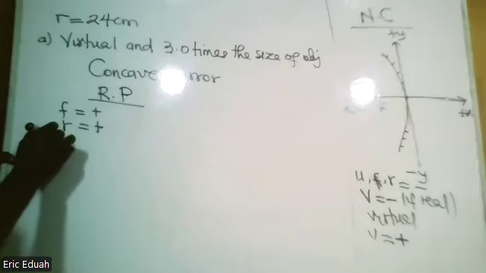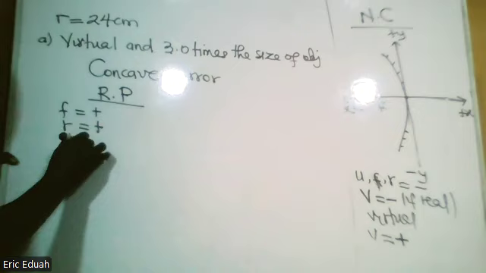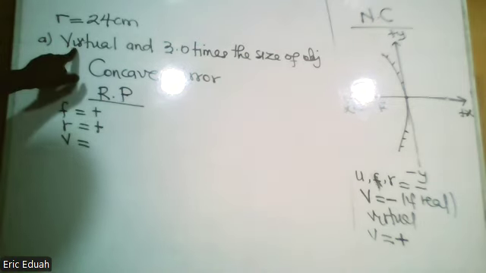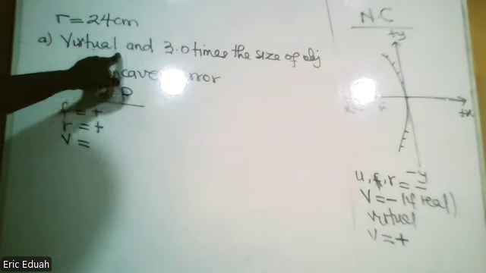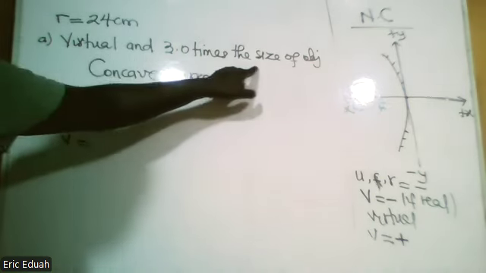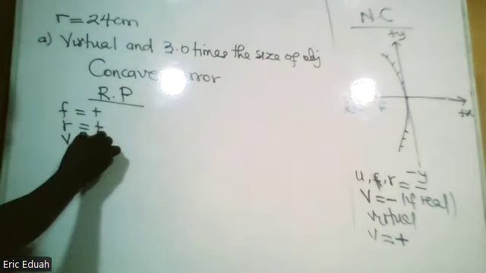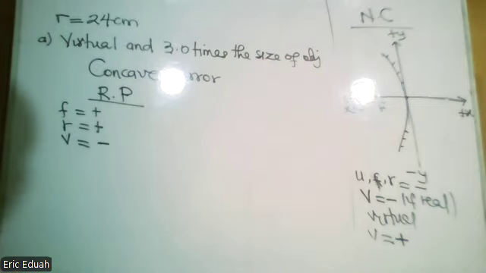For V, you need to understand the kind of image formed. The image is virtual and 3 times the size of the object, which clearly means that V will be negative.